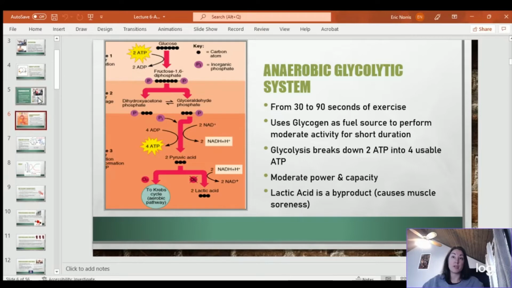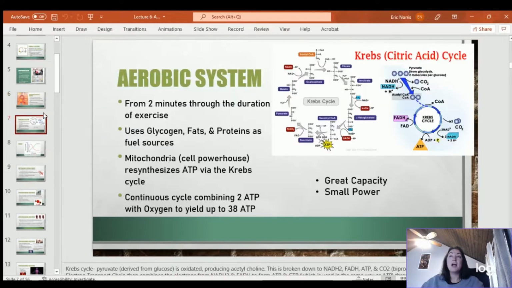And then the aerobic system, this requires oxygen to work, and the Krebs cycle is what is used here to use oxygen to convert 2 ATP into up to 38 usable ATP. And the good thing about this system is that the byproducts of this system are recycled.